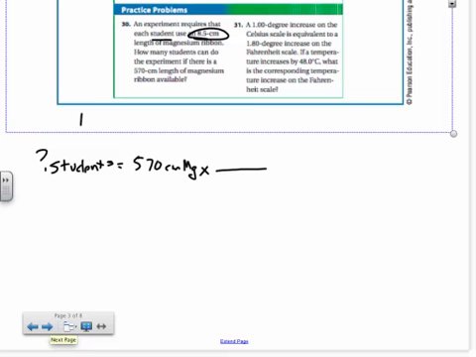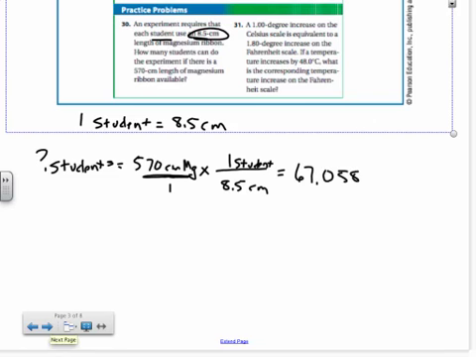So that's kind of my ratio. 1 student, 8.5 centimeters. I set it up in such a way that this is going to cancel. Since centimeters is on top here, I'm going to put it on the bottom here, 8.5 centimeters, 1 student. 570 divided by 8.5, 67.058, whatever. And obviously you can't have parts of students, so we would have 67 students.